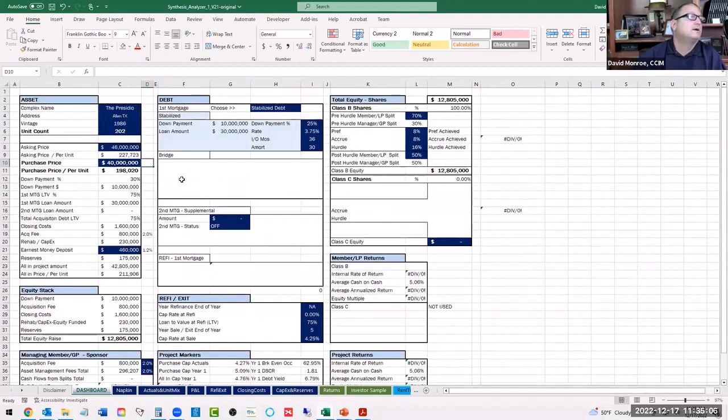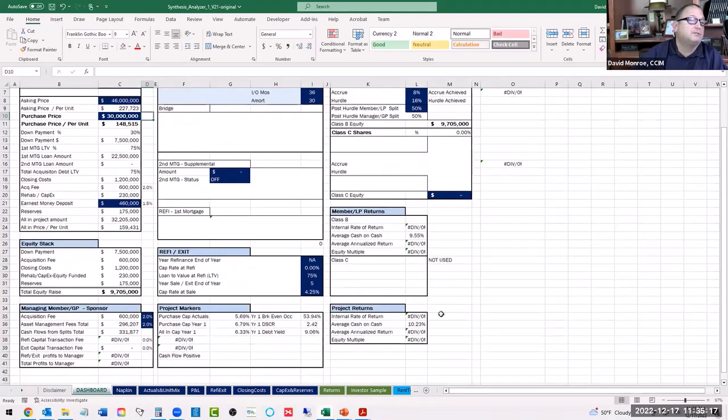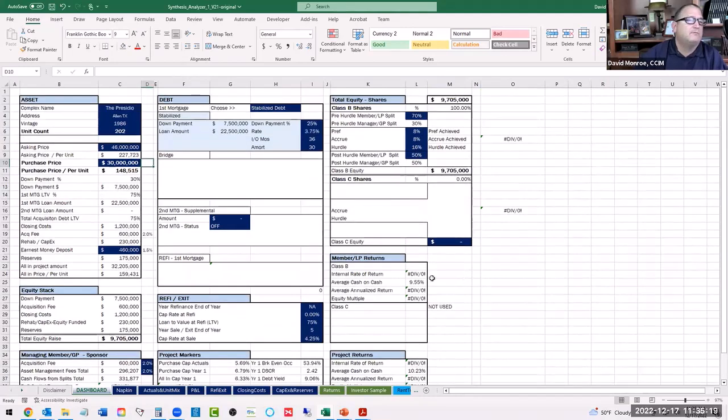Still don't have an internal rate of return based on these cash flows. So let's go down to 30 million. Oh, still don't have an internal rate of return, but we got a cash on cash. Internal rate of return might be broken on this. So that should have produced.